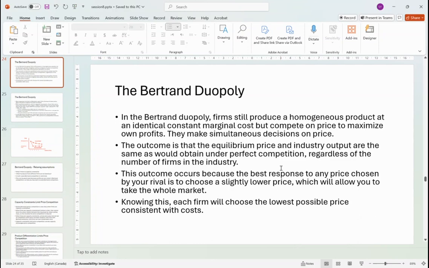And since they both have the same incentive to undercut, the price will be lowered until it reaches the producer's marginal cost. And since we already assumed they have the same cost structure, meaning they have the same marginal cost, the price at the equilibrium is going to be at the marginal cost of the firms, right?